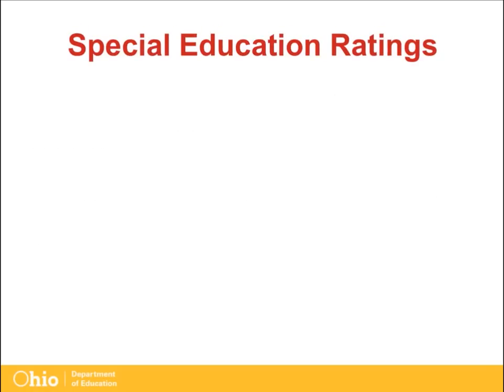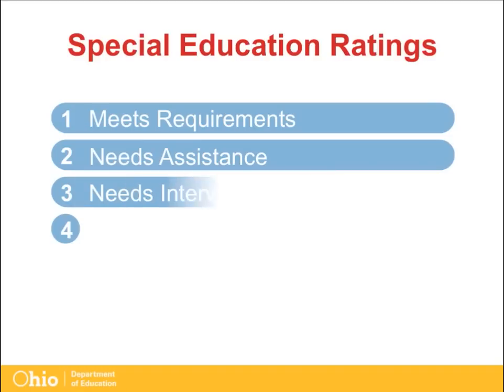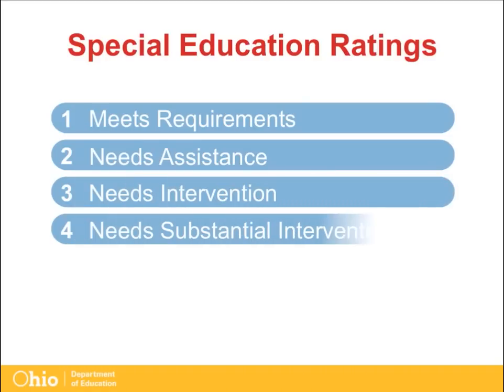To make annual special education ratings for districts, the Ohio Department of Education uses final data that districts submit through the Education Management Information System, or EMIS. These data result in one of four ratings: meets requirements, needs assistance, needs intervention, or needs substantial intervention.